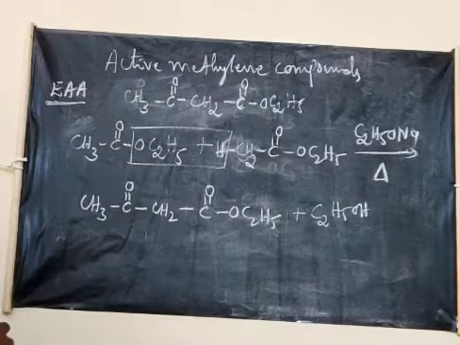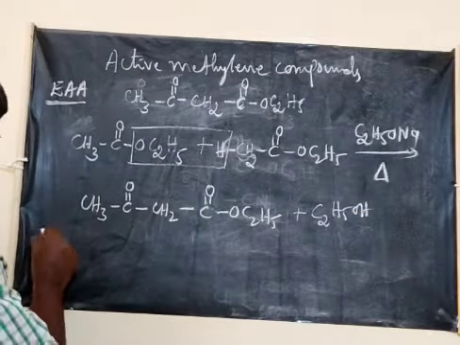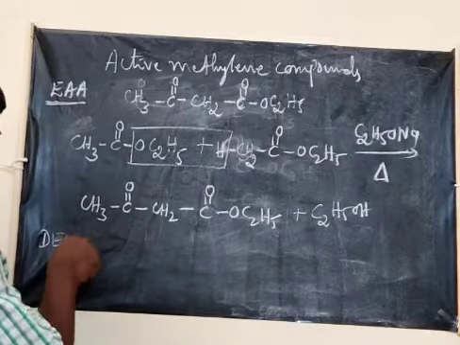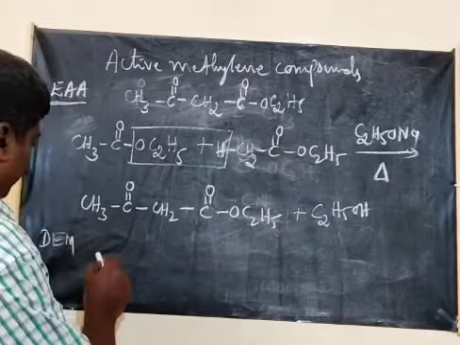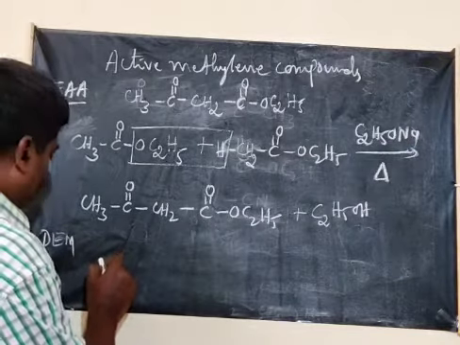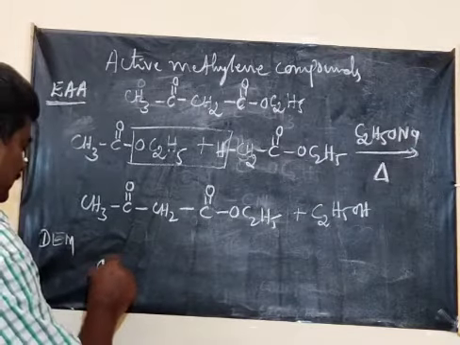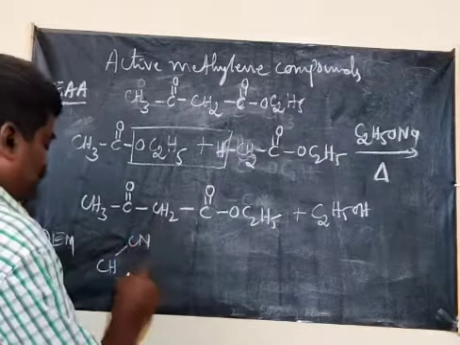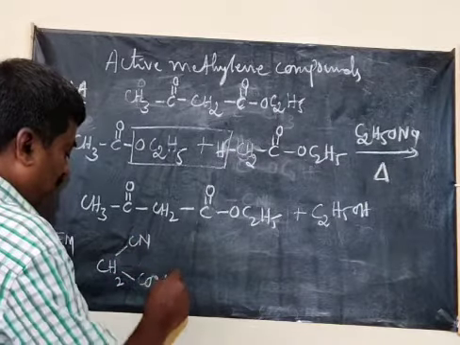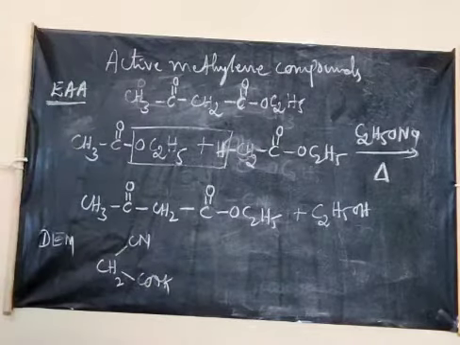Next is the preparation of diethyl malonate, DEM. Diethyl malonate is prepared from cyanopotassium acetate, CH2(CN)COOK.